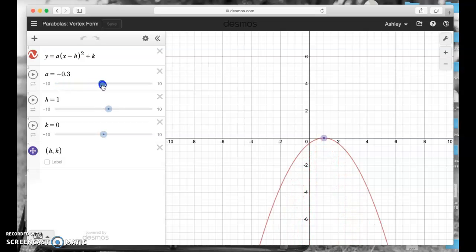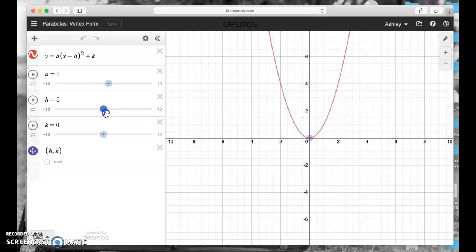So I'm going to bring that back to its original position at a equals 1, because that's our standard form. And now let's look at this h and k. If you remember, those values are the ones that are going to shift this entire function either left and right or up and down. So if h is a positive number when you plug it in, you should notice that it is going to be moving to the right.